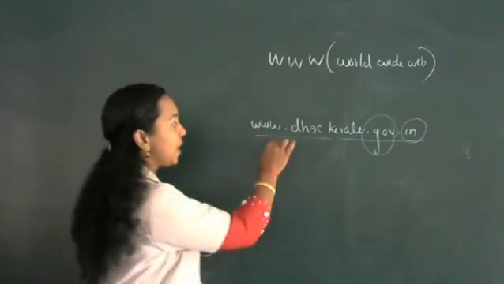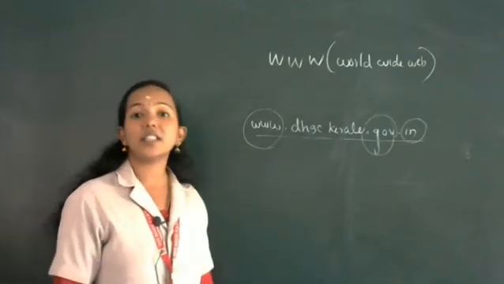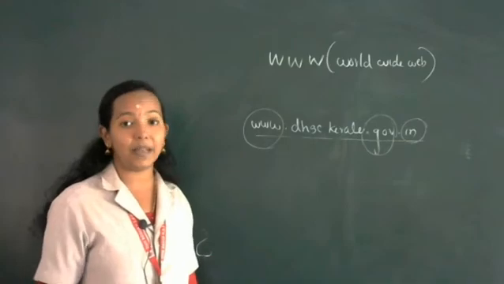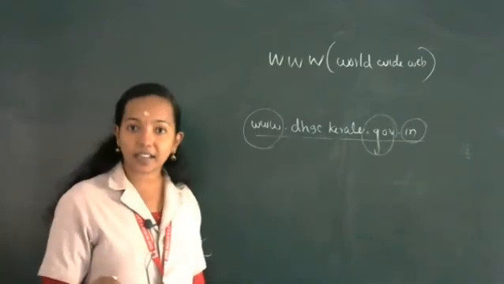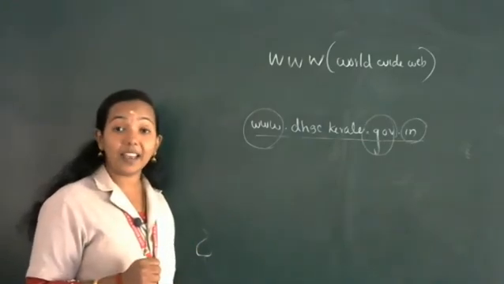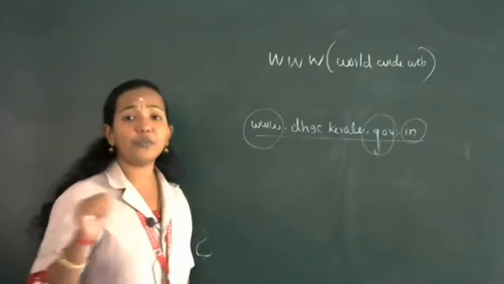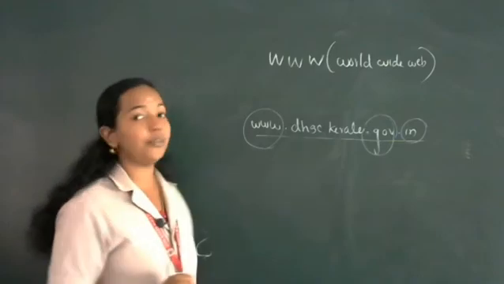All website addresses start with www because universally this website can be accessed by users from any place all over the world. That means this website belongs to the wide area network or WAN. This is one of the most important services of internet, World Wide Web.